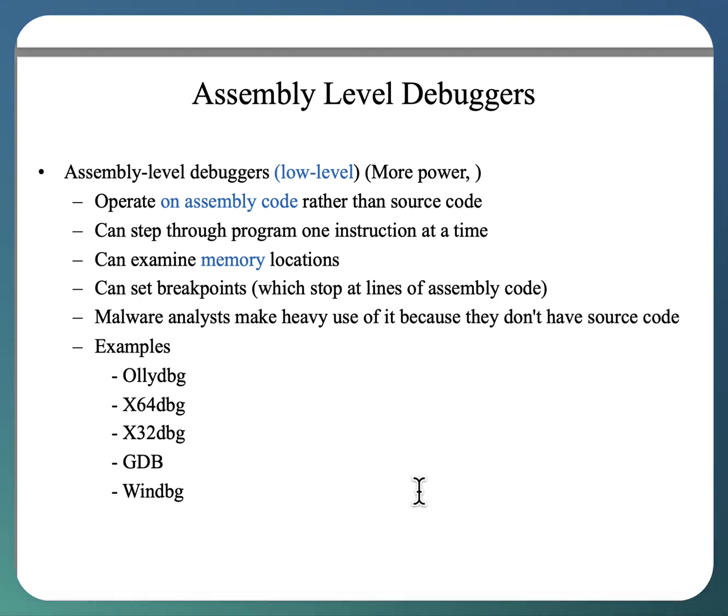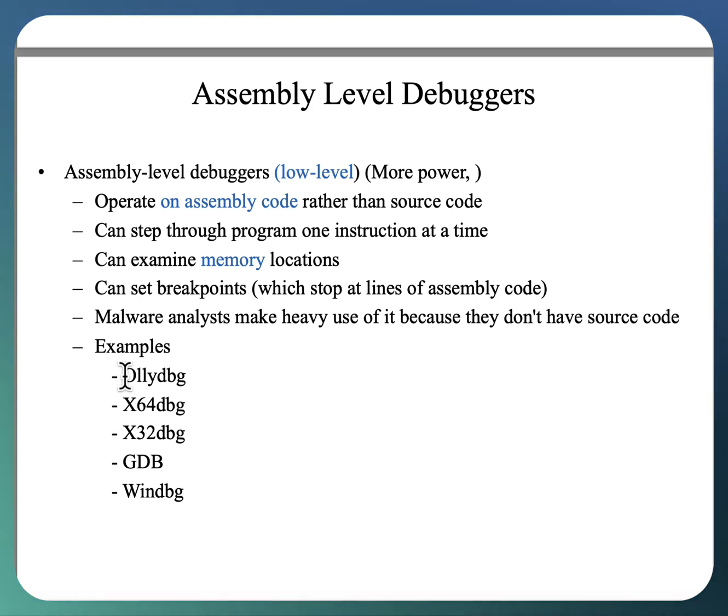So there are different types of breakpoints that you can assign. Malware analysts make heavy use of assembly level debuggers because, obviously, as malware analysts we do not have access to the source code.